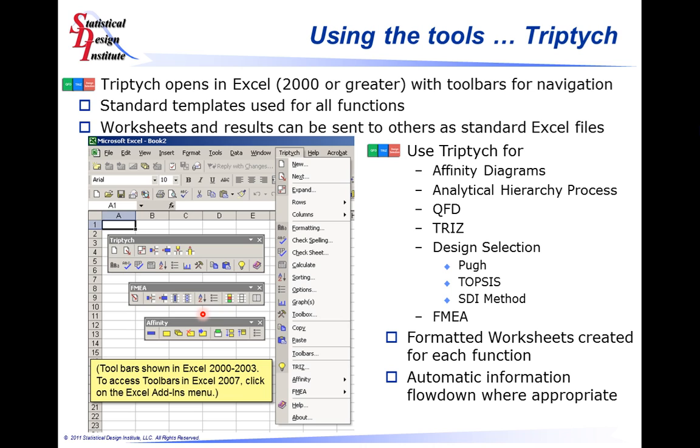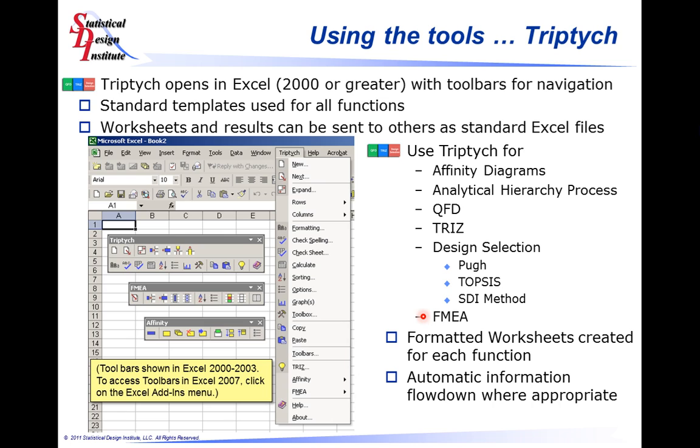So within this package, you have the complete capability to create, generate, and modify affinity diagrams, execute the analytical hierarchy process, develop QFD houses of quality, make use of the TRIZ, theory of inventive problem solving concept, present various design alternatives from which you're trying to find a preferred selection using the Pugh, TOPSIS, and SDI method, and then also create and execute a failure modes and effects analysis session.